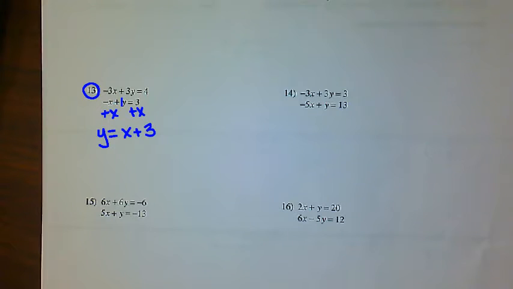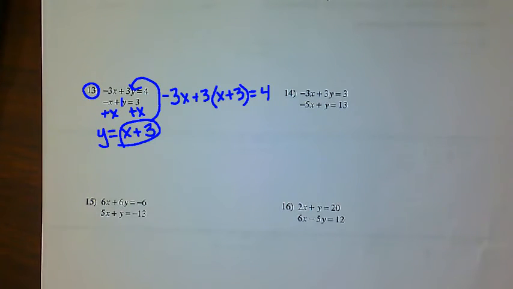So what I would do is I would take this guy and put it into this equation. So let's see what happens when I do that. So I get negative 3x plus 3 times x plus 3 equals 4. So pay attention to what happens.